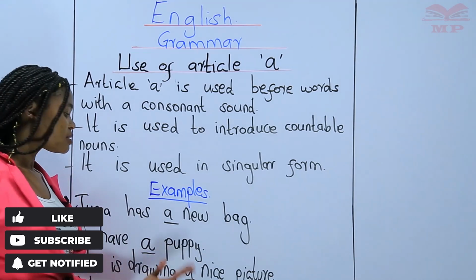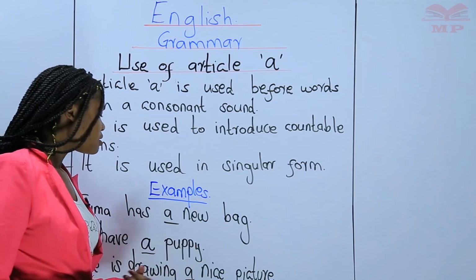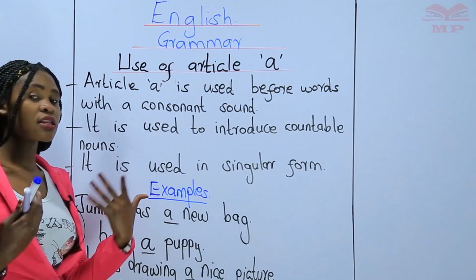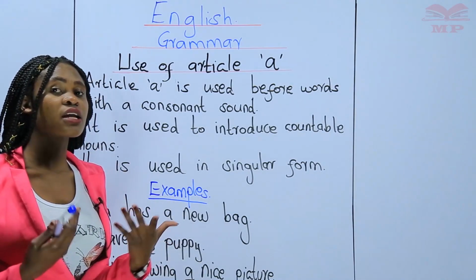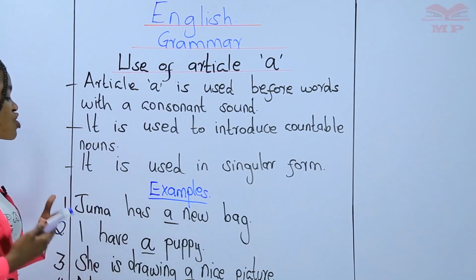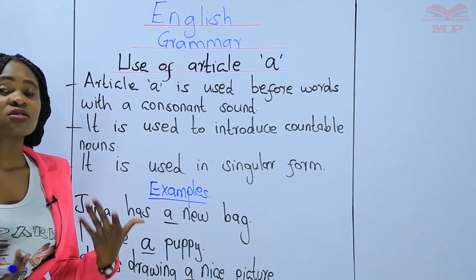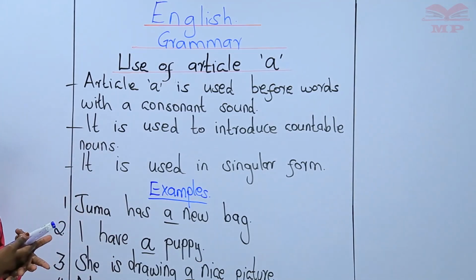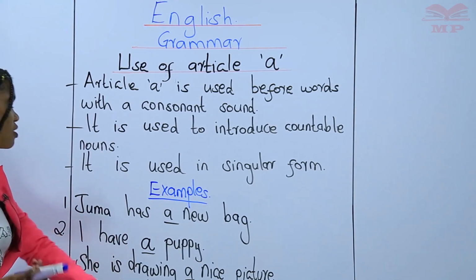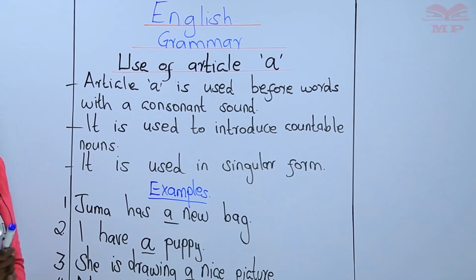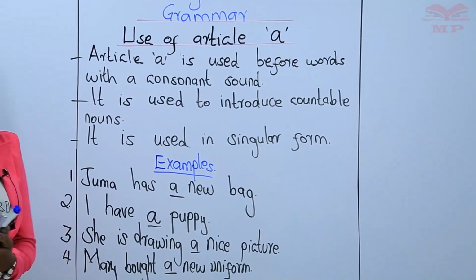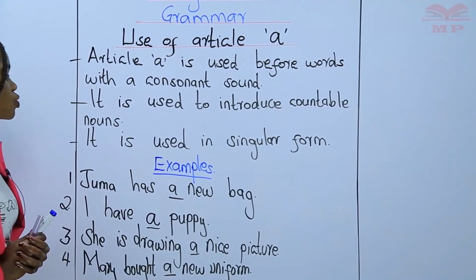It starts with a vowel letter, but when you say the word, it produces a consonant sound. A new uniform. U is not a vowel sound, but a consonant sound. That is why we have article a before the word uniform. So Mary bought a new uniform.